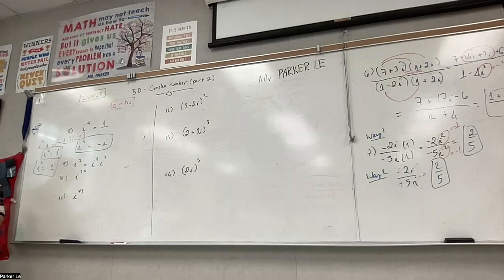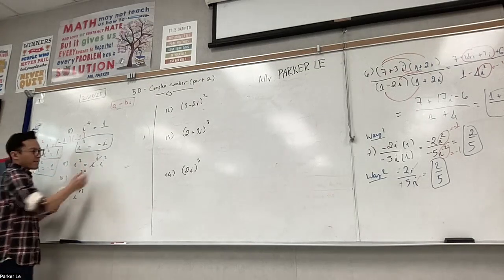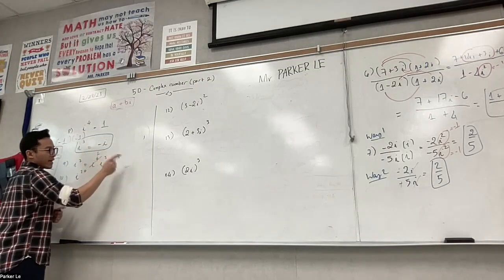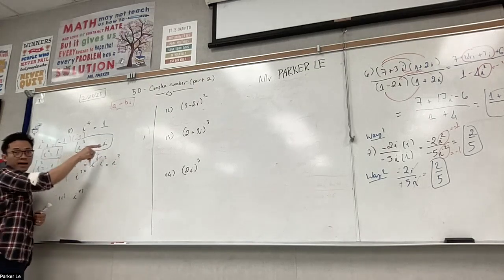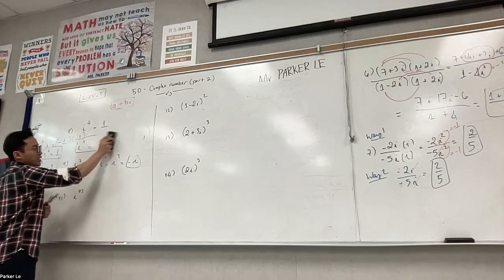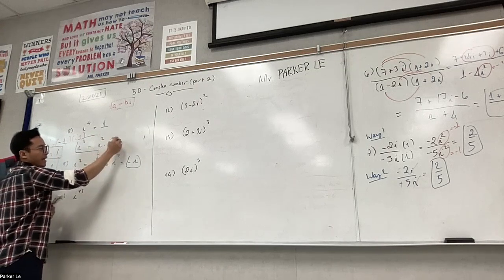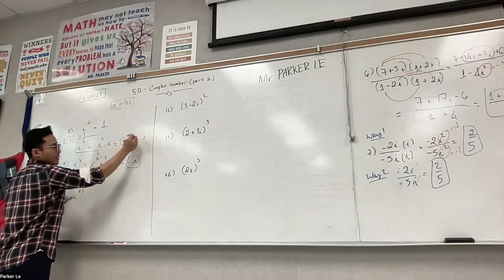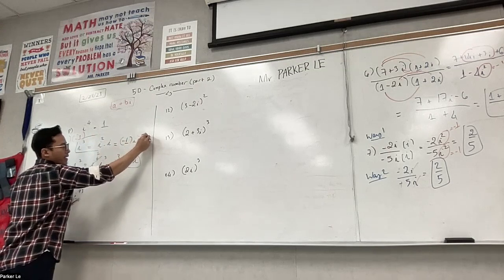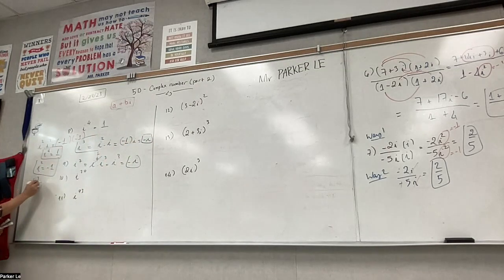So I have left i cubed. And what is i cubed? It is negative i, because it's i squared times i, and i squared is negative 1. Negative 1 times i is negative i. So i cubed is negative i.